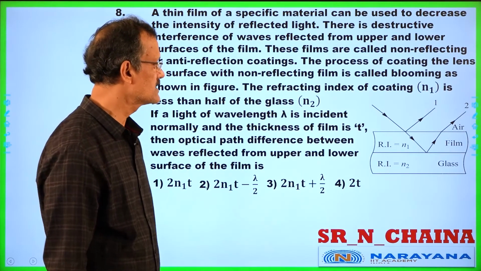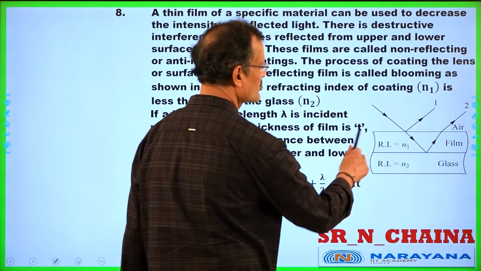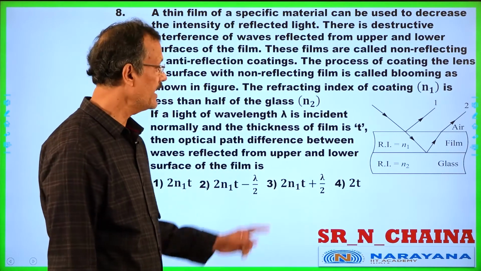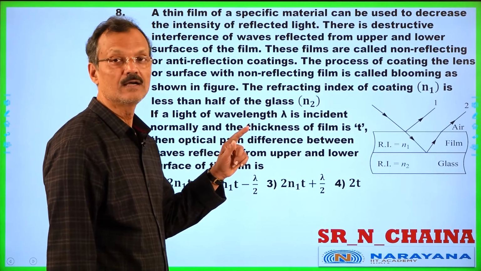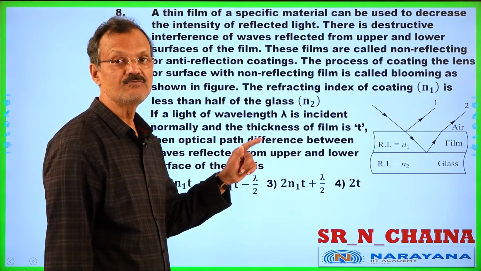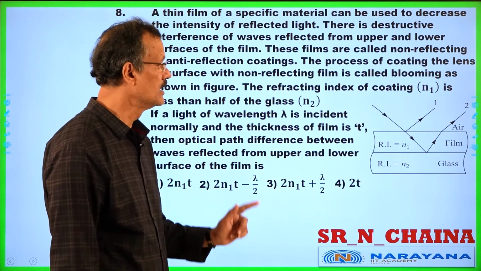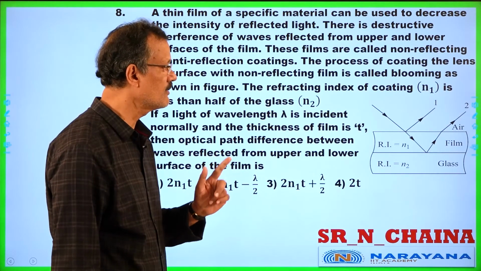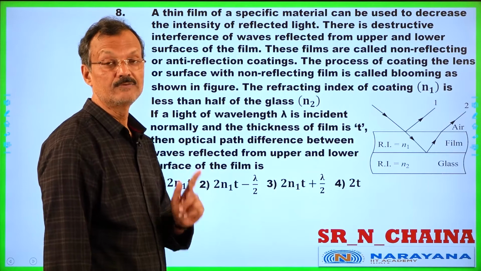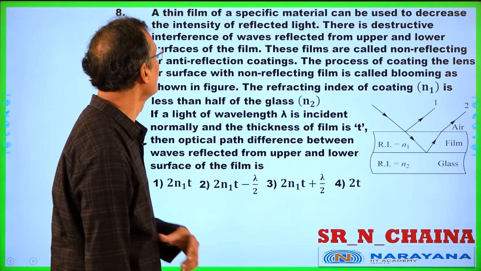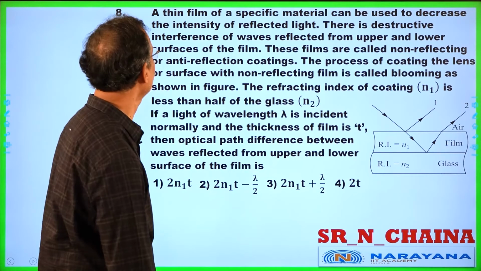In this case, when you take reflection, you have to consider the phase change. Whenever a ray is reflected from a surface backed by a denser medium, there will be a phase change of pi, which corresponds to lambda by 2. Now, let us see the problem.